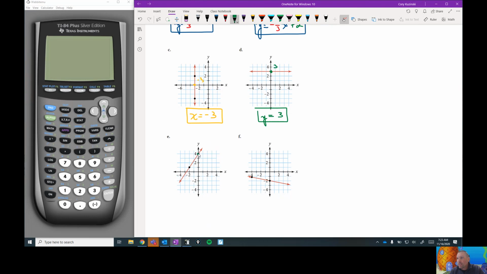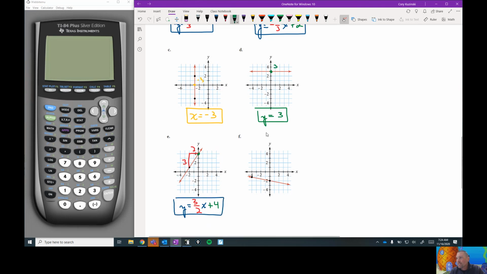All right, we got a y-intercept of 4 here on E, and we got a slope of up 3, right 2. So our equation will be y equals slope 3/2 times x plus our y-intercept 4. One more.